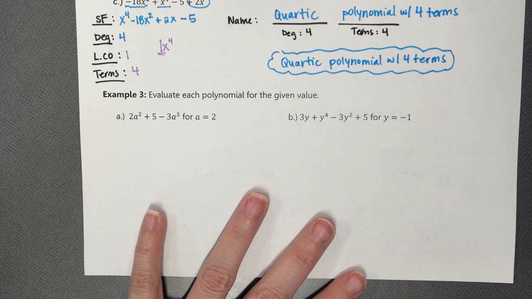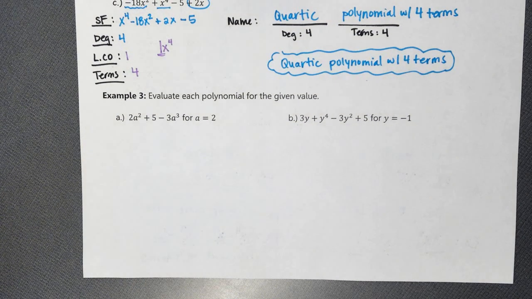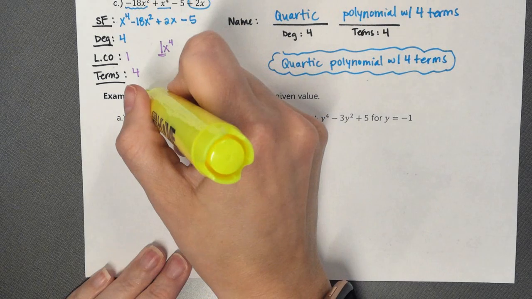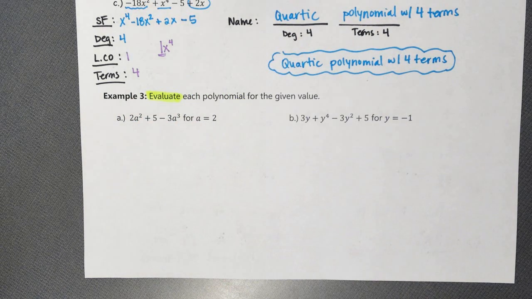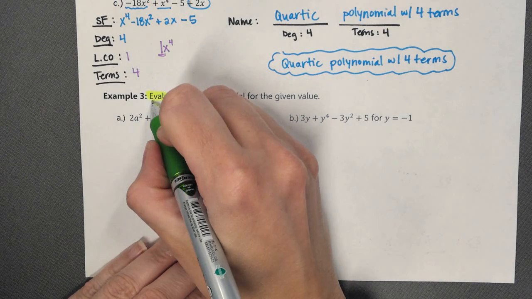Alright, and then the last thing on this section is evaluating. Whenever directions tell you to evaluate, if you're plugging in a number, your final answer should be a number.